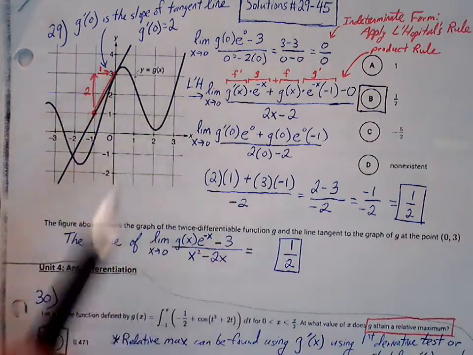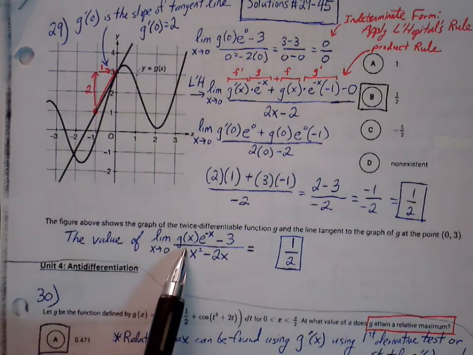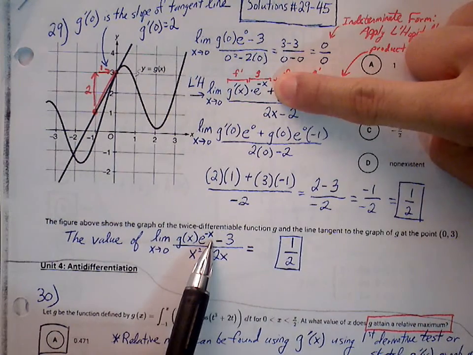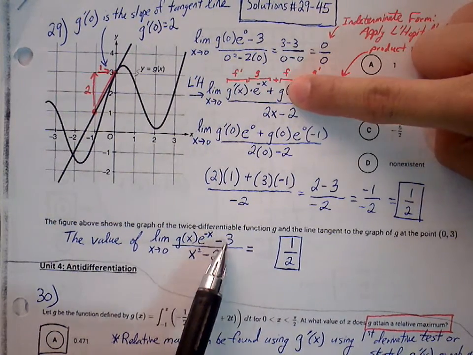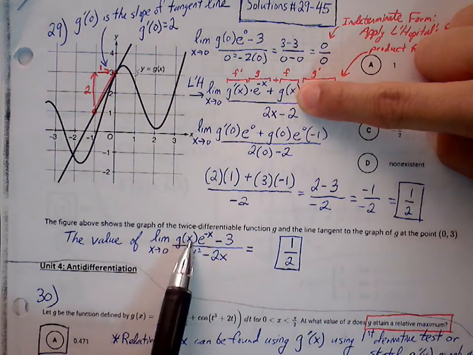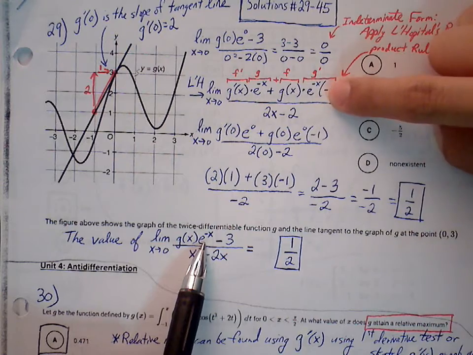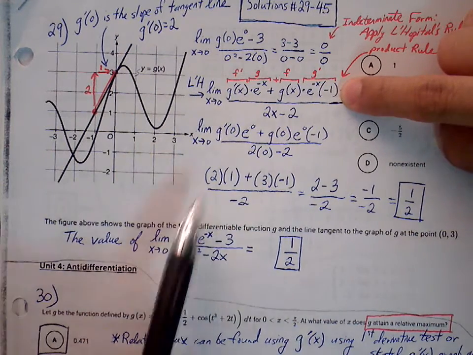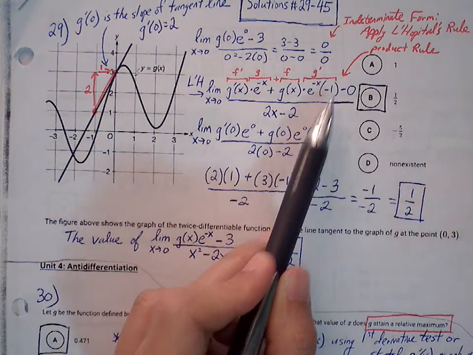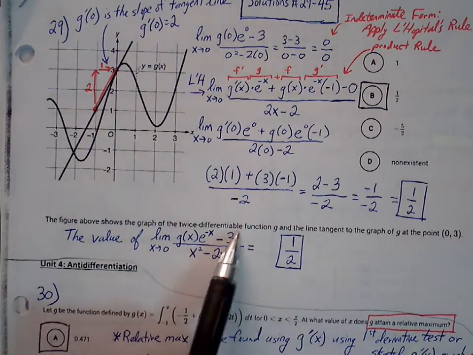So the derivative of g is just g prime, and the original e to the negative x stays e to the negative x. Then the original g function stays, and the derivative of e to the negative x is e to the negative x times negative 1. Again, negative 3 goes to 0.